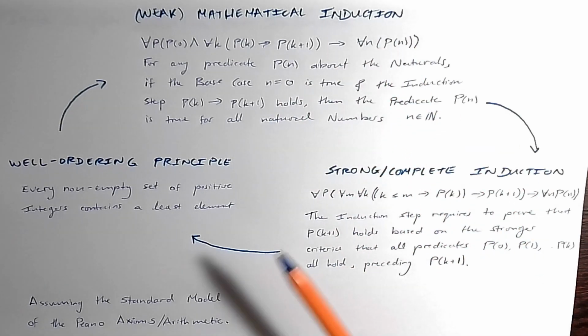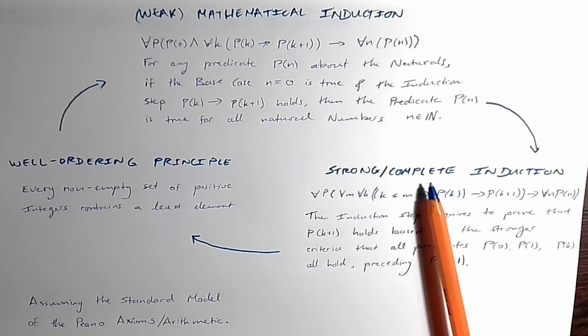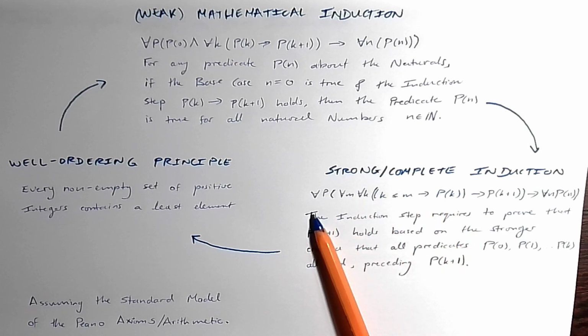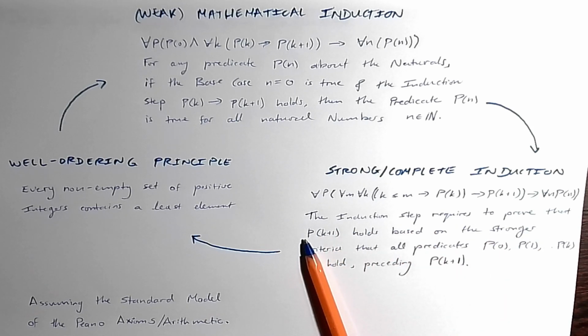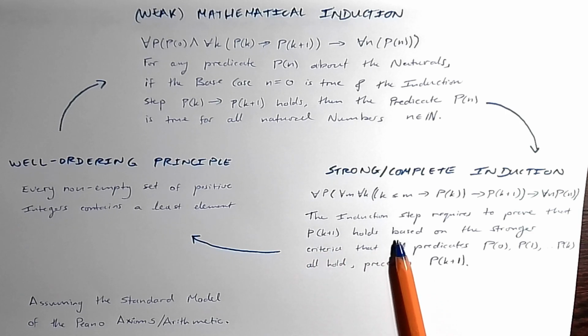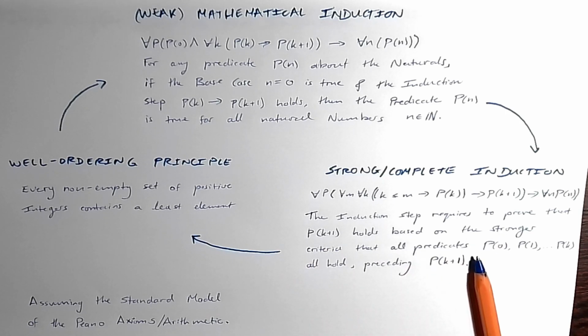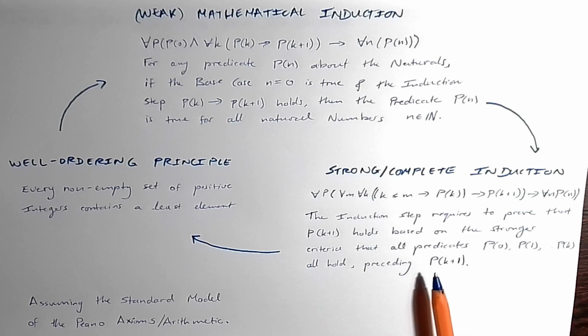For strong induction, this is pretty much the same thing, except for the stronger requirement that if we want to prove the induction step, then we need the additional criteria that all the preceding predicates P0 up to Pk are true, preceding the predicate at index k plus 1.